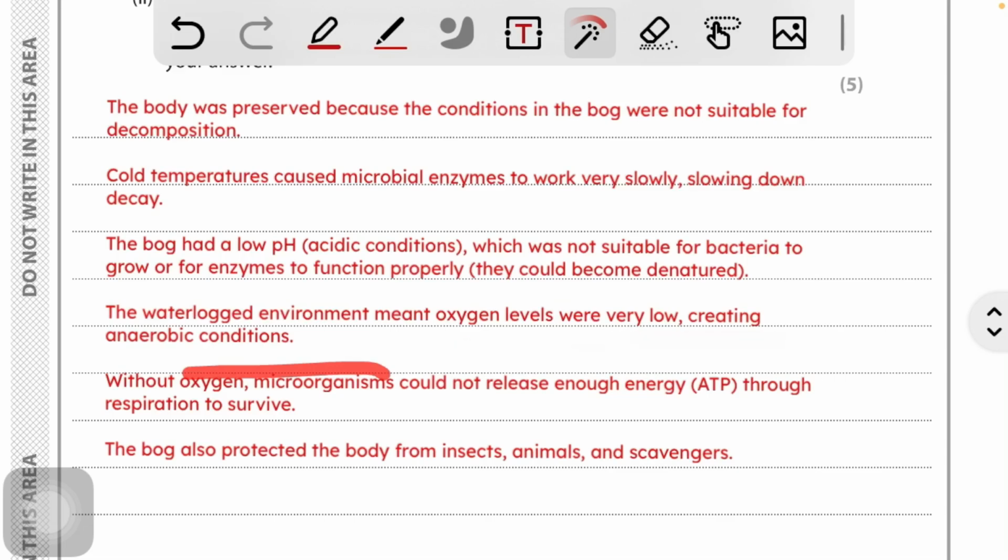So some bacteria cannot work in that condition, which also slows down the decaying process. Without oxygen, microorganisms could not release enough energy (ATP) through respiration to survive. The bog also protected the body from insects, animals, and scavengers.